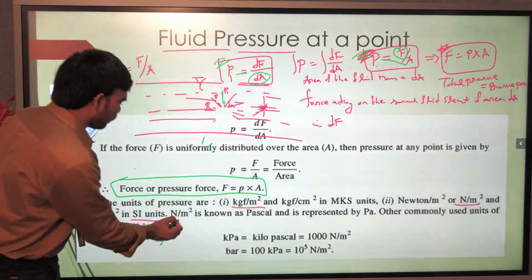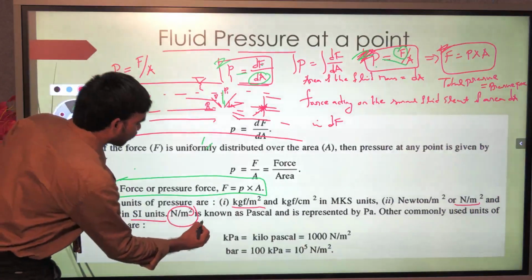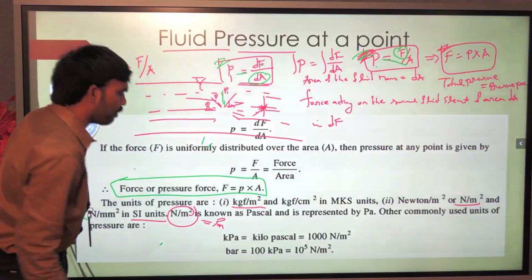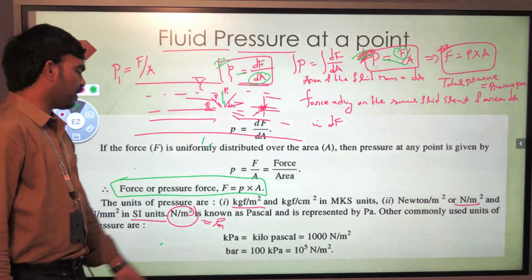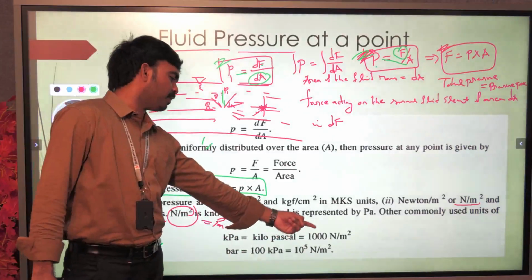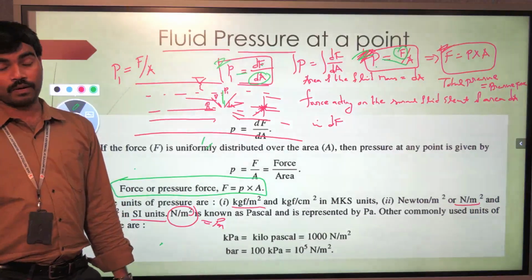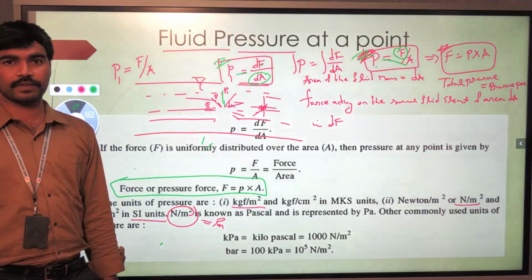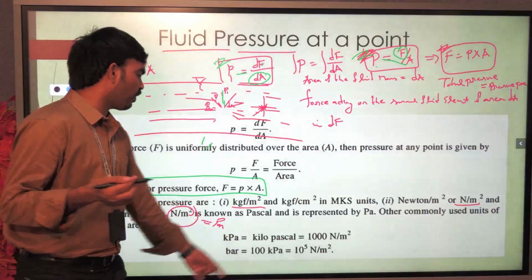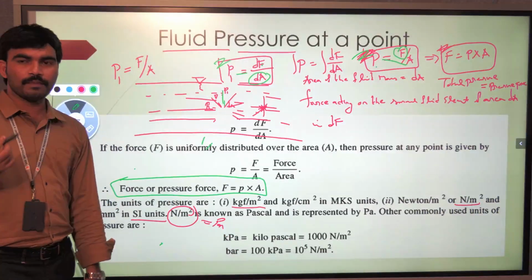Newton per meter square is nothing but Pascal, represented by Pa. We already know kilopascal means 1000 Newton per meter square. And 1 bar, which we discussed for the atmosphere, is equal to 10 to the power of 5 Newton per meter square.